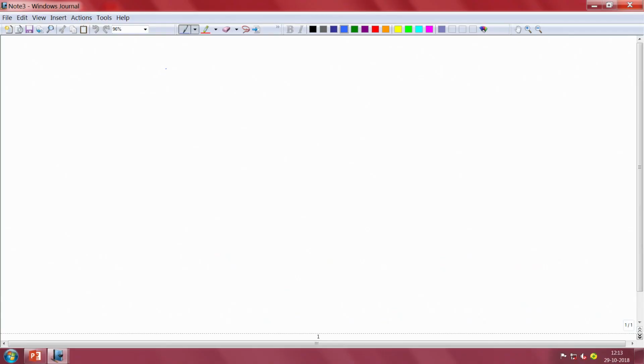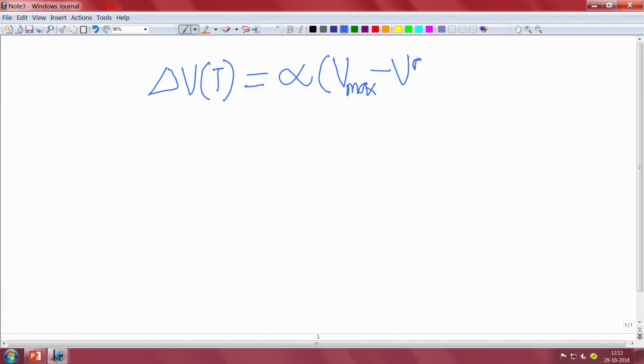We wrote it as delta V, the amount of learning incurred, or the change in the response that you see in a trial t, is given by a proportionality constant, which we call the associative constant alpha, times V max minus the response at the start of the trial. Let us call it V t minus 1.